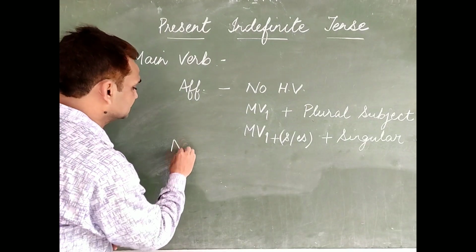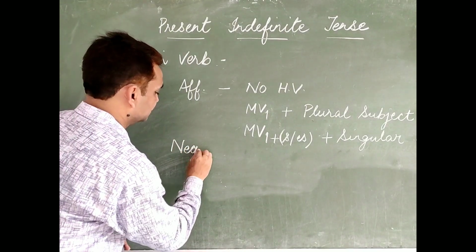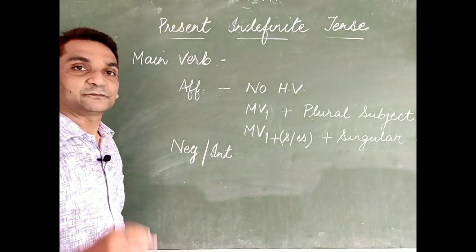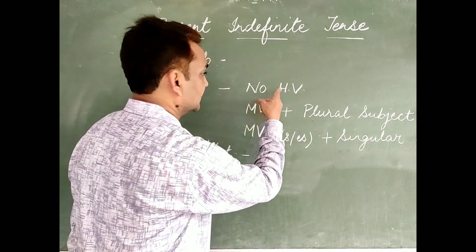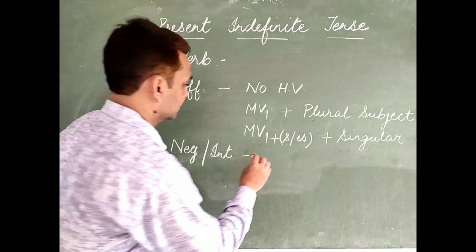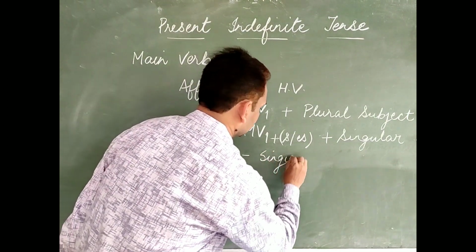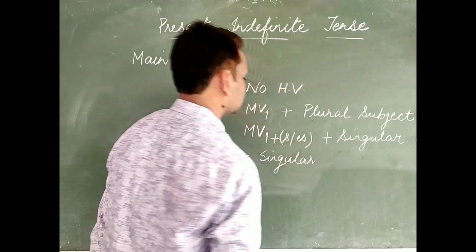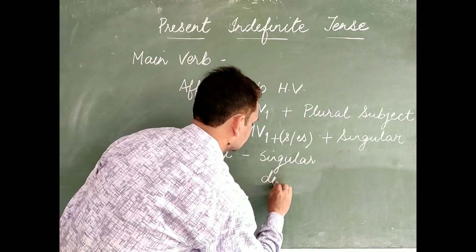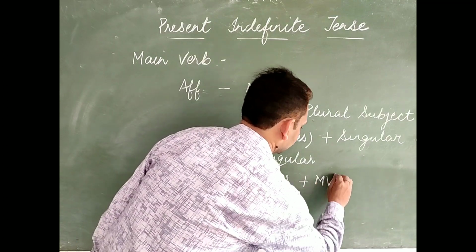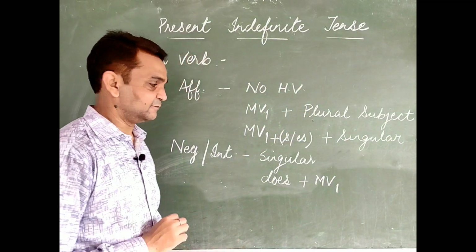But if the sentence is in negative or interrogative, then what are we supposed to do? Helping verb will be used with singular subject, does will be the helping verb plus first form of the main verb.